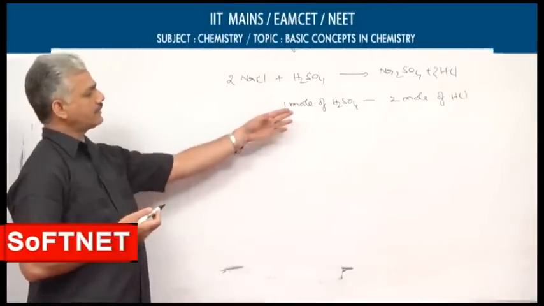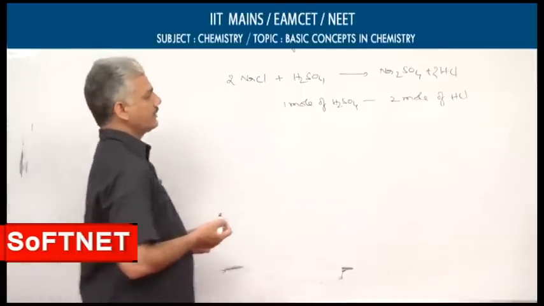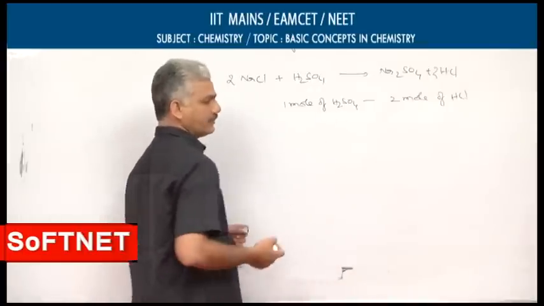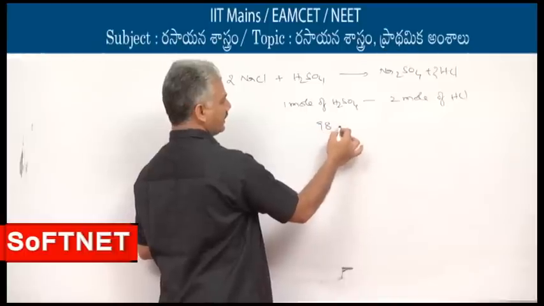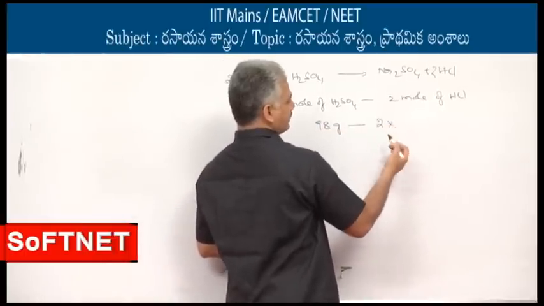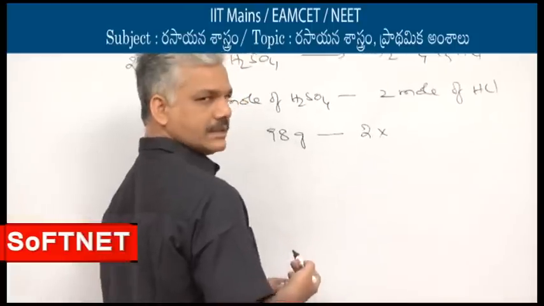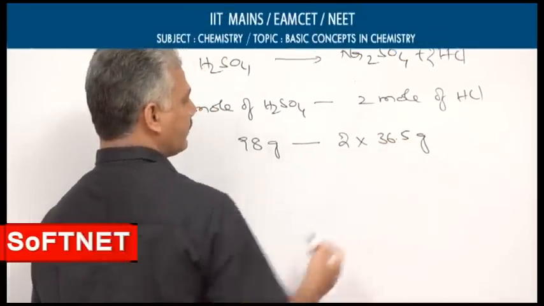So, we need to convert the number of moles into weights. 1 mole of sulfuric acid's weight will be equal to its gram molecular weight, which is equal to 98 grams. 2 moles of HCl's weight means 2 into 1 mole of HCl's weight. Weight of HCl is 36.5.